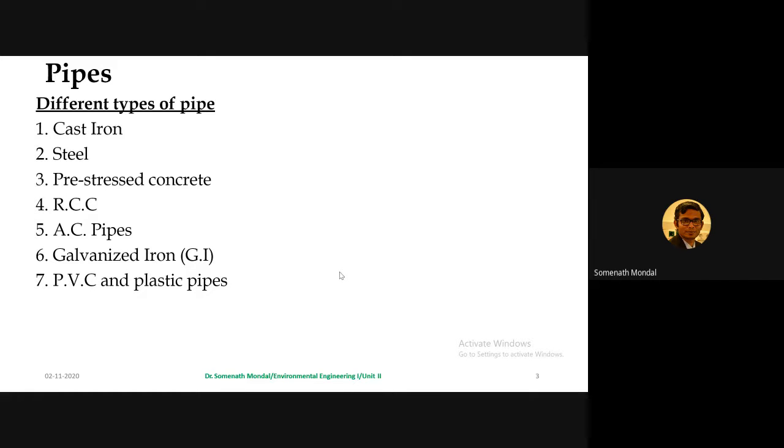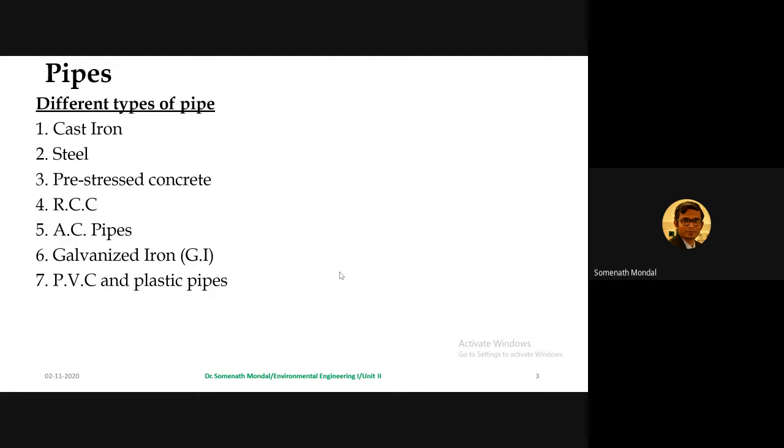Apart from that, we have wrought iron pipes, and we have steel pipes. We have copper pipes. So these are the pipes which are obsolete these days, but they used to exist some time back as well. So now, mostly these are the 7 different types of pipes which are available in the market, and the scale of utilizing a particular type of pipes is different.